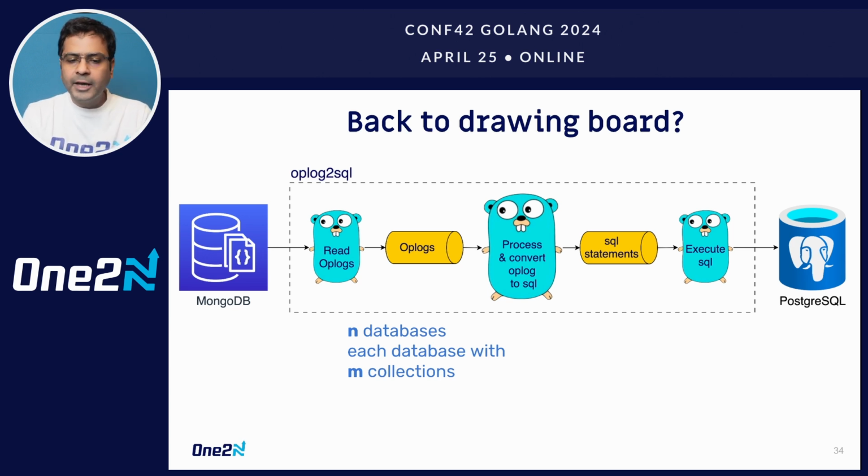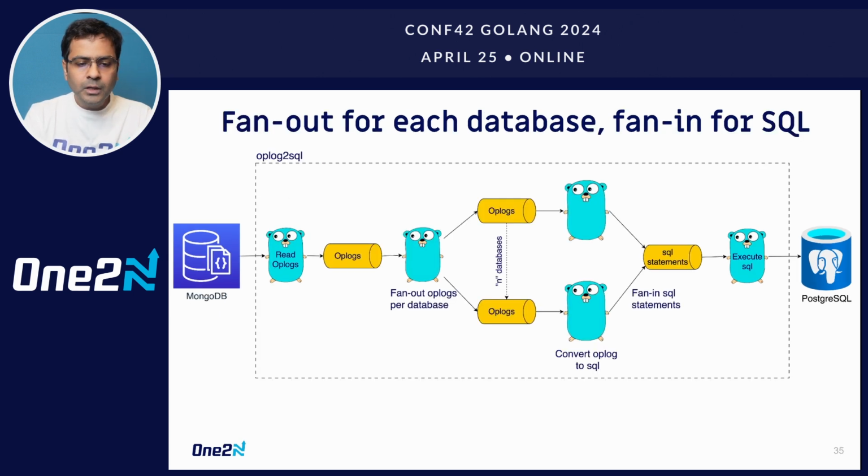And again, imagine we have n number of databases in Mongo and each database has m collections. So what we could do is we could fan out for each database and fan in for SQL. That's an option. So for example, again, we would read the same oplogs in a single Go routine, remember, from MongoDB.